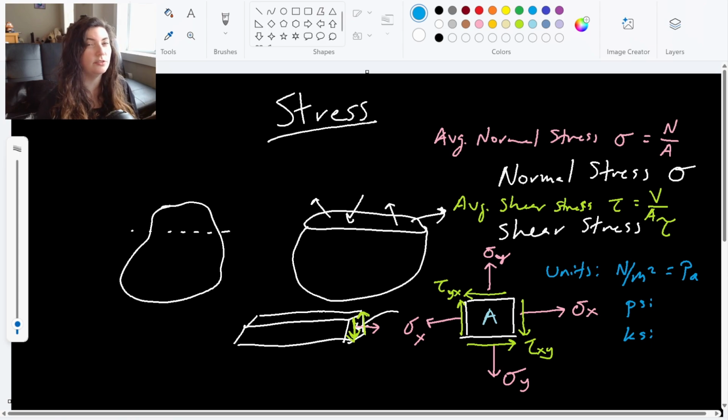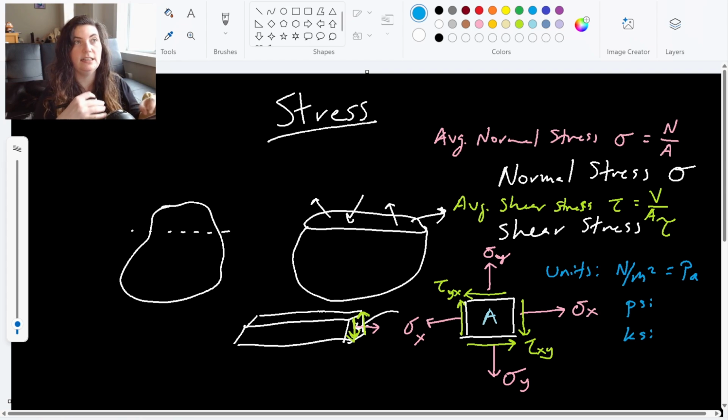And if those units look familiar to you and you're like, wait, these are just the same equations for pressure, well, you're right, they are the same equations and the same units as pressure. But stress is a little bit different from pressure in that pressure is something that acts externally on the body. Like when you go underwater and you can feel the water pressing against you, that would be pressure. Whereas stress is something that comes from within the body.